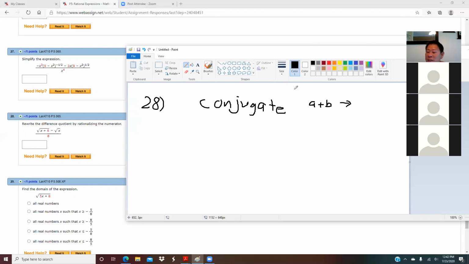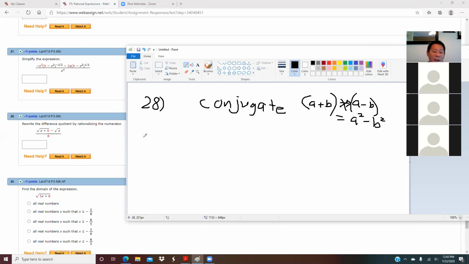Okay, conjugate means that you take the sign and you flip it. So if A plus B, then it is A minus B. So conjugate means that you take your middle sign and switch it around. And do you know what happens when you multiply A plus B and A minus B? If you multiply these two up, you notice that the middle term will be gone. They will cancel. So you will get A squared minus B squared.